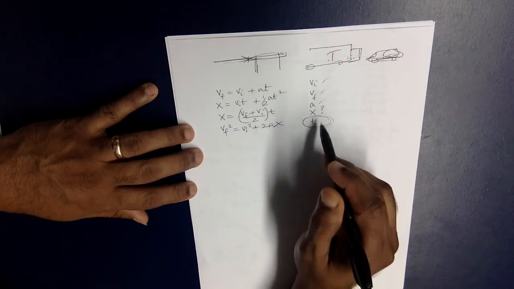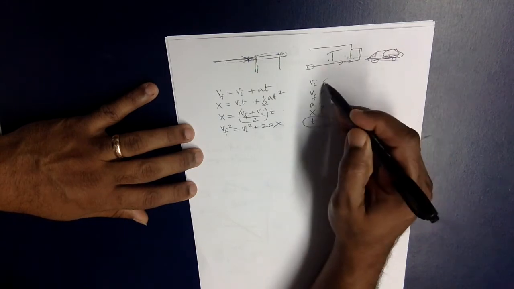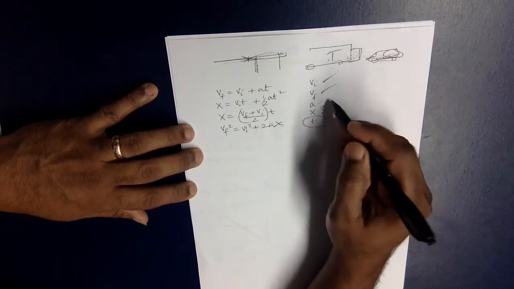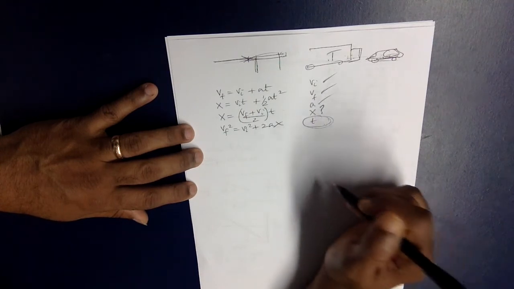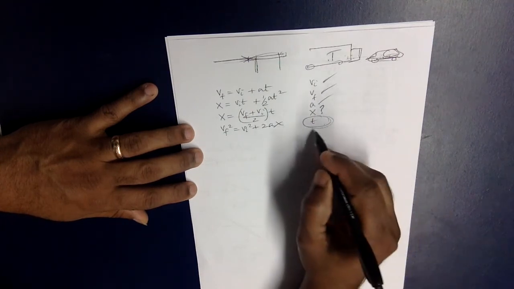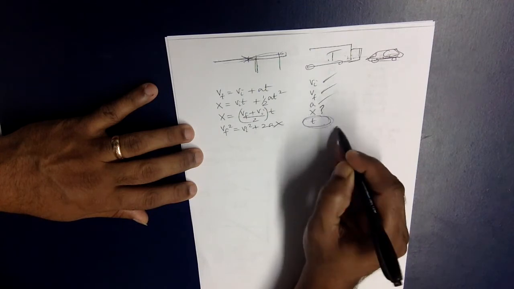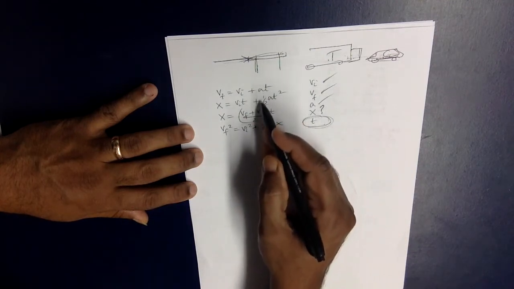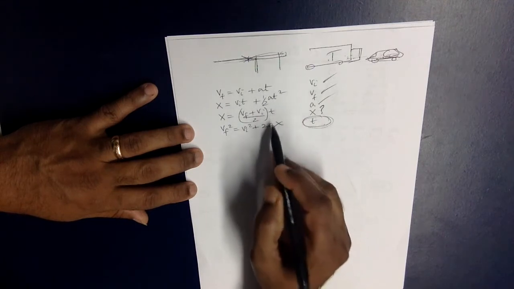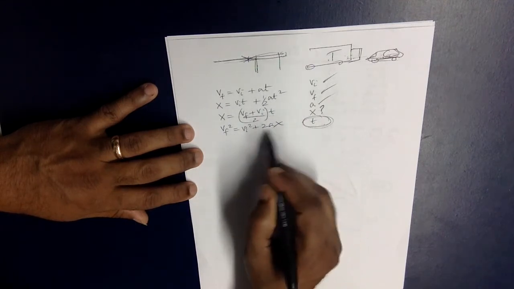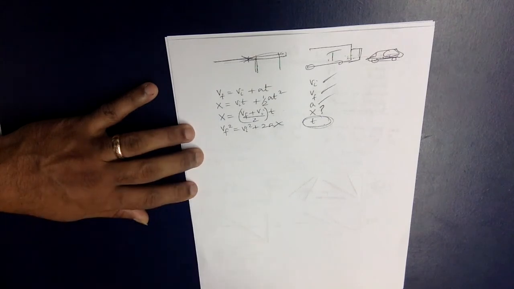That's how you work problems out. So if you're given Vi, Vf, and acceleration, and you are asked for displacement, and time is not mentioned in the problem at all, then you have to pick an equation which does not have time. This one has time, this one has time, this one has time, this doesn't have time. So we pick that equation.